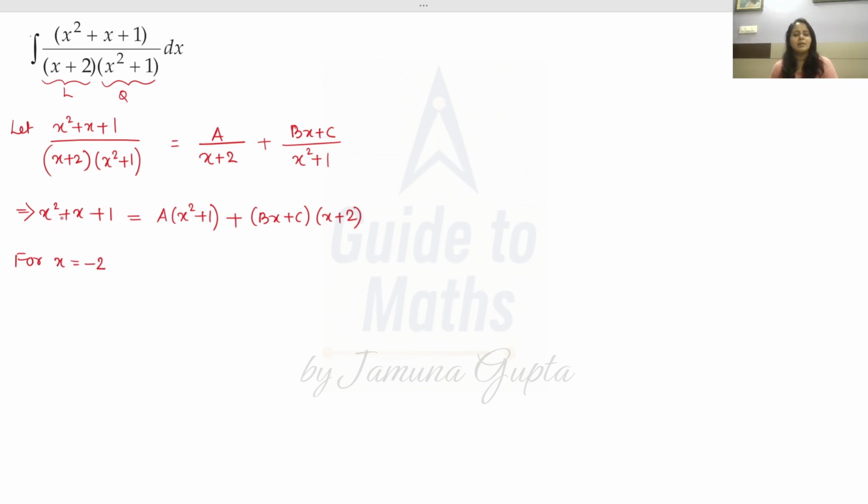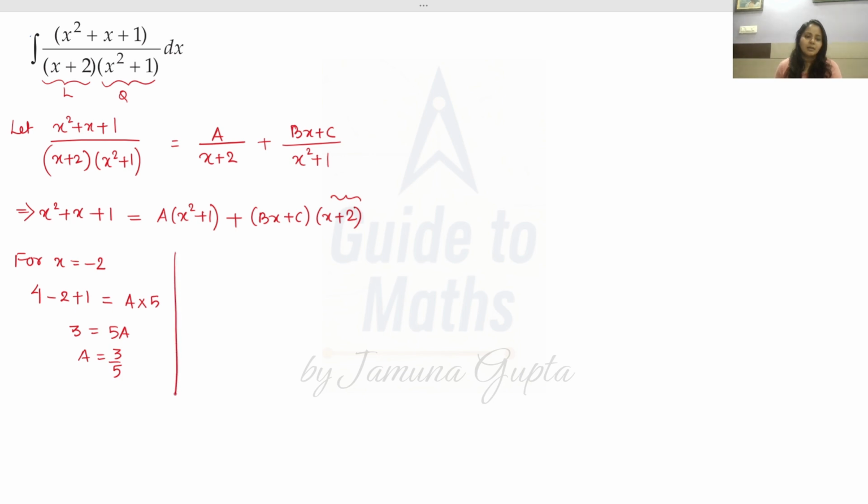When you put minus 2, it will become 4 minus 2 plus 1 is equal to a into 4 into 1, which is 5. And since you have x plus 2 here, this term will become 0. So overall bx plus c into 0 will be 0. So you are getting 3 is equal to 5a, so a is equal to 3 by 5.